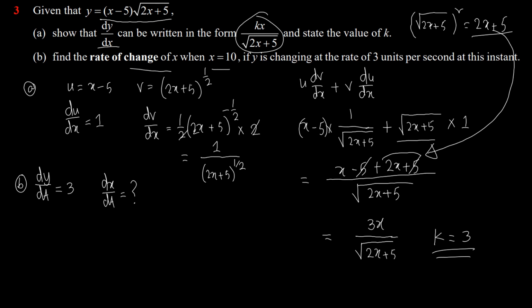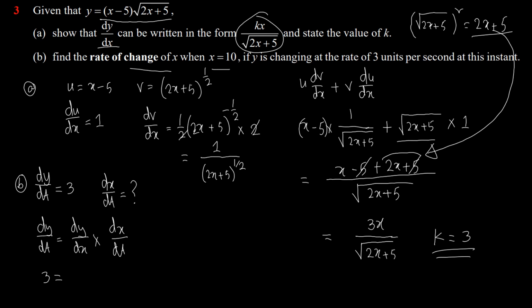So let me write the formula again. dy by dt, we know, is dy by dx into dx by dt. dy by dt is given here as 3, put it there. And dy by dx, I can use our expression, which we already have.